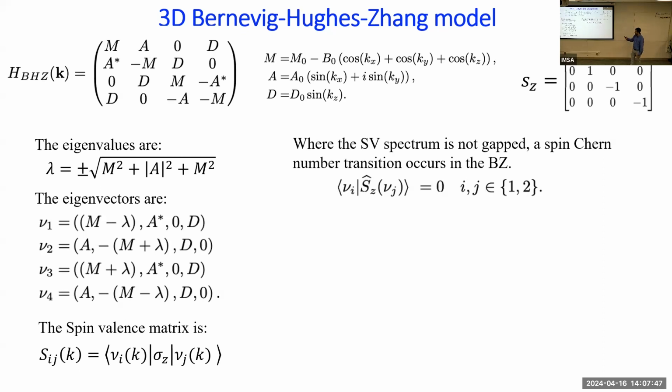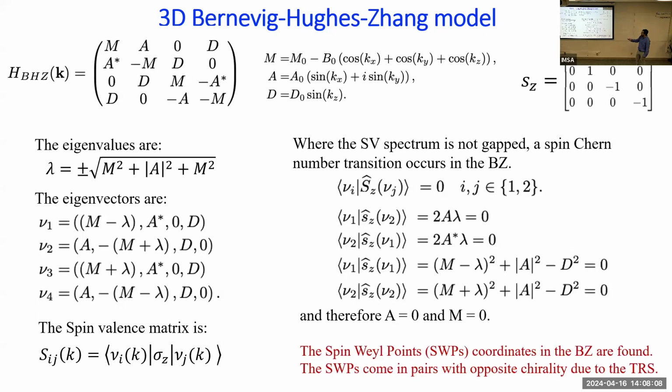Bernardo started to calculate by hand the eigenvalues and the eigenvectors of these matrices and calculate the spin spectrum for the valence band, just for the two first states. And we say, okay, the only way that we have spin Weyl points is because the spin spectrum is equal to 0.